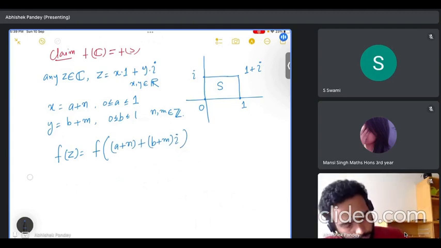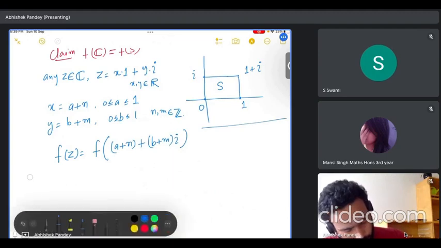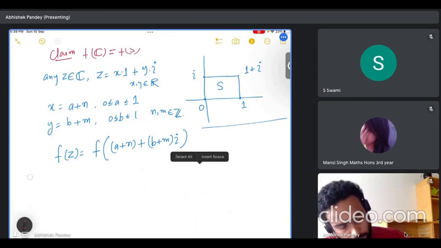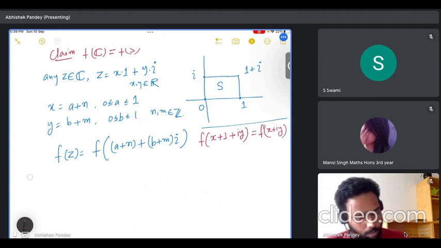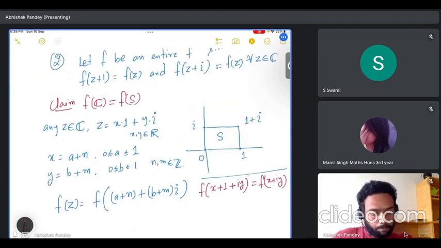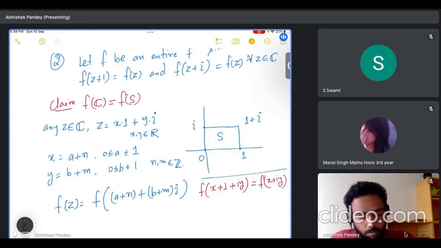So observe that, let me write it down here with a different color. f of x plus 1 plus iota y is equal to f of x plus iota y, isn't it? By this rule, f of x plus iy is equal to f of x plus iy plus 1. So this will be the same.